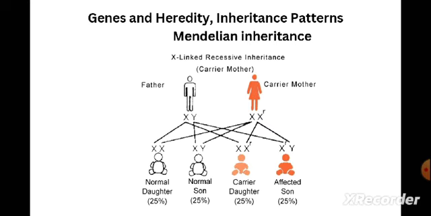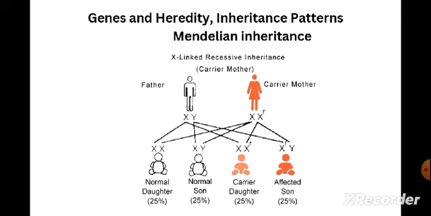Now, what else did Mendel do? In the diagram, you can see that Mendel said we can predict the possibility and probability of offspring inheriting certain traits, which traits are inherited from the father and which from the mother.